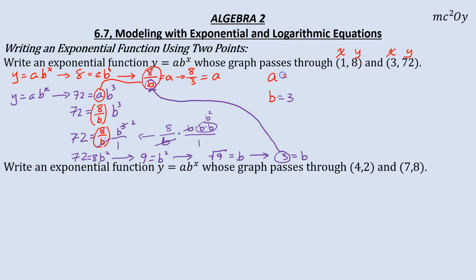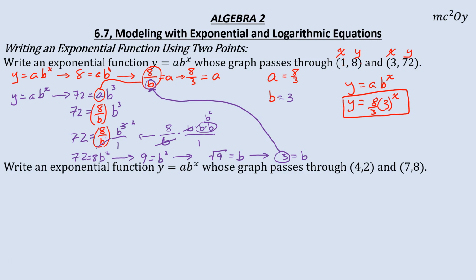So a is 8/3. So my equation, y equals ab to the x, is y equals 8/3 times 3 to the power of x. Notice your equation can only have x and y in it, an independent and dependent variable. There we've got it.